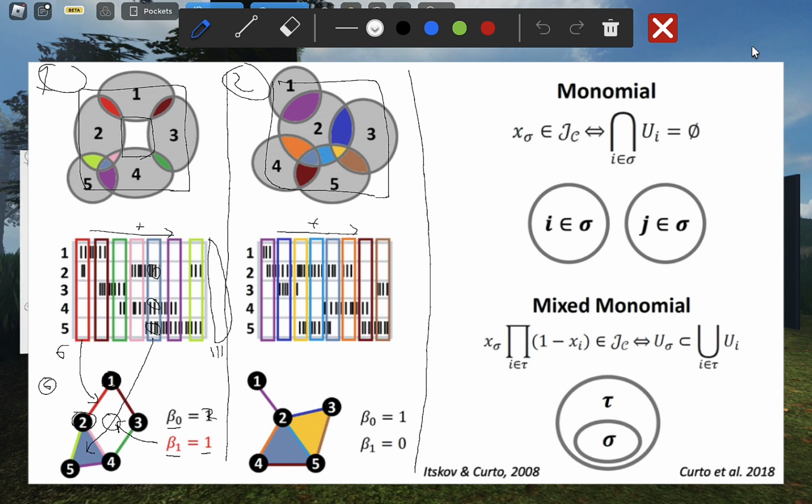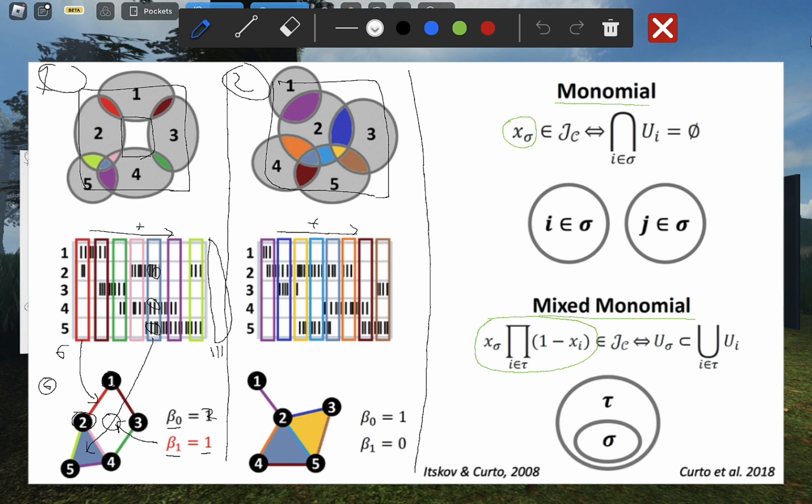There are two main important relationships that we might care about in this case, called monomials and mixed monomials, which are these things here. This is the monomial and this is the mixed monomial.